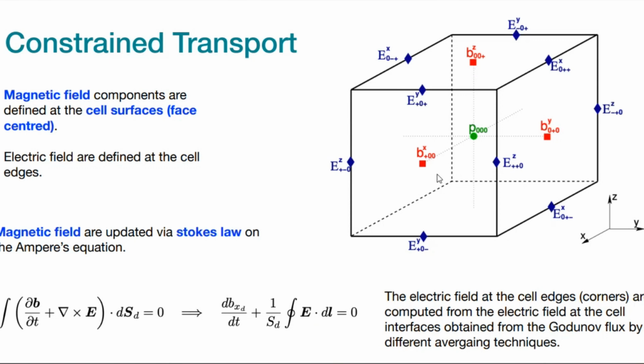Now, the basic premise of this scheme is you follow this equation. Starting with the basic Maxwell's equation, del B by del t equals minus curl E, you evolve this equation by just doing a line integral surrounding this magnetic field. So for this, you need to know the electric field in the regions surrounding the magnetic field.